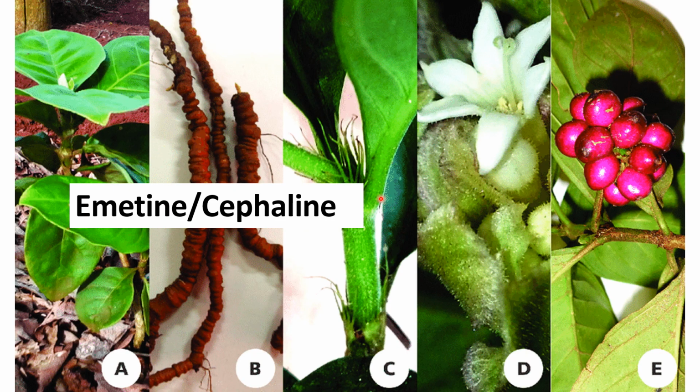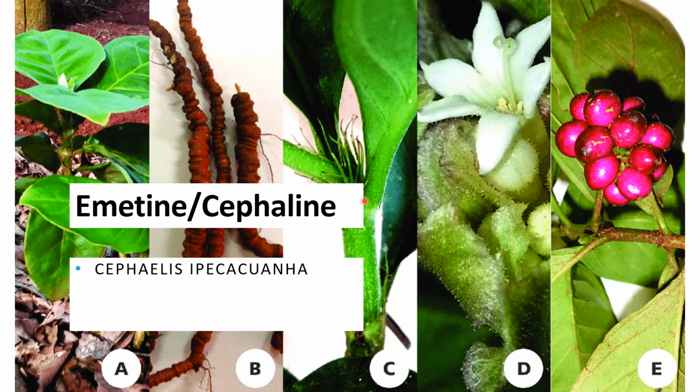The next is emetine or cephaeline. This alkaloid is derived from the plant Psychotria ipecacuanha, and it is mainly used for reflex vomiting, especially during GI irritation.